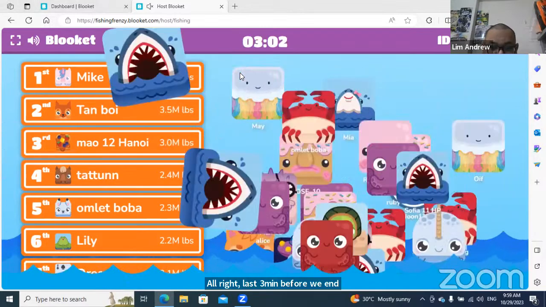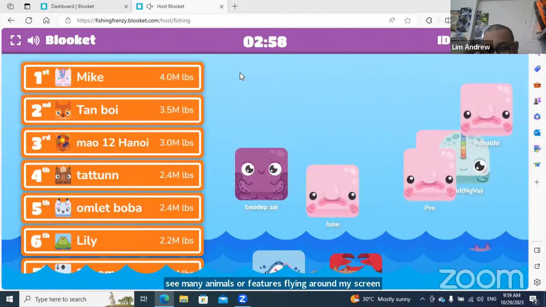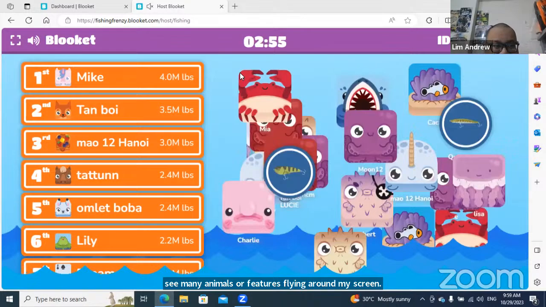I can see many animals or fishes flying around my screen. This is the first time I'm letting the students play this game.